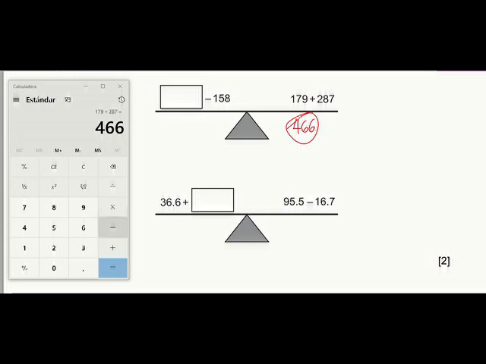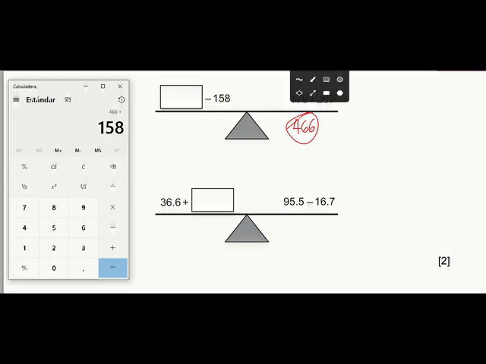I already have 466 there plus 158. Hey Alejandro, but it's not plus, it's minus. Yeah, this number we are going to get minus this will have to be this, because this is the number we want to get. This is the sum. It has to be equivalent to the subtraction.